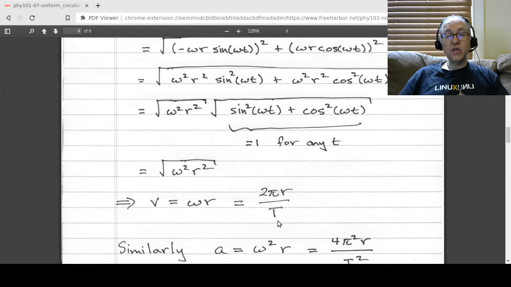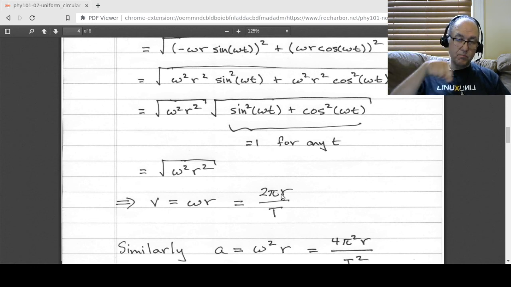We could have actually guessed that equation right from the beginning. What's the distance around the perimeter of a circle? If you have a circle of radius r, the distance around the outside is 2 pi r. That's how much distance you travel in going around the circle once.